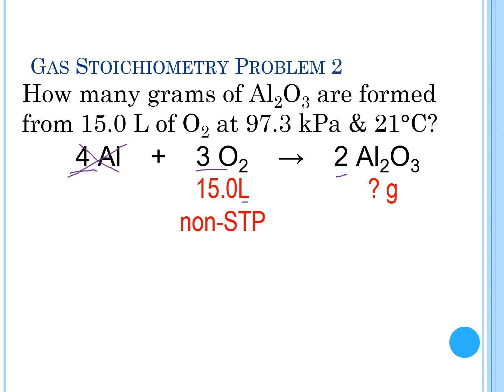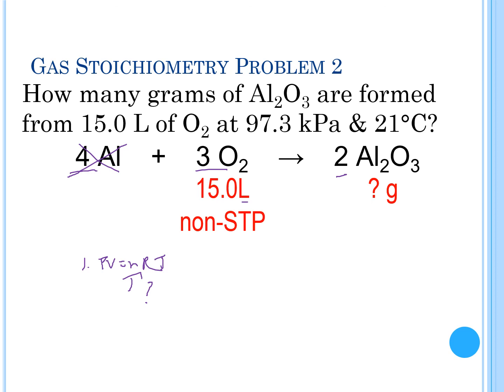So instead, we have our balanced equation. We're going to use our ideal gas law, PV equals nRT. And we know pressure, we know volume, we know temperature. I will give you R, 8.314, but we don't know N. So we have to find N. And what that will give us then is moles of oxygen as our final answer for our fence.